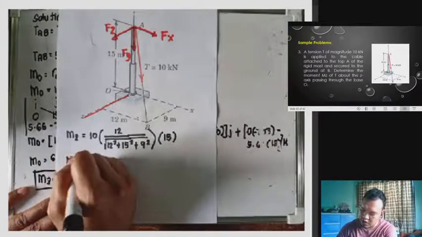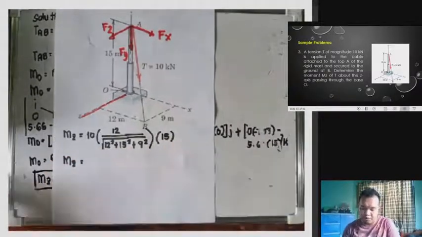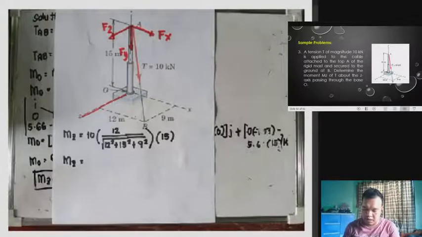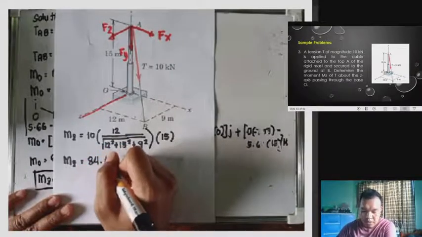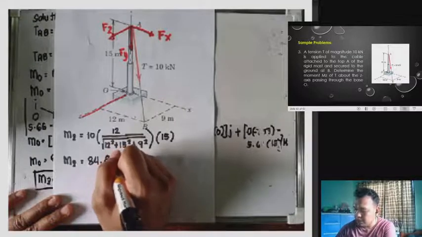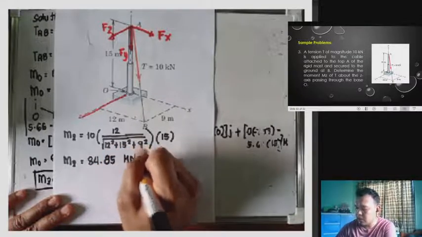Then, Mz is, makakompute na natin ito. Okay, so lagay lang natin sa calculator. 10 multiplied by 12 all over the square root ni 12 squared plus 15 squared plus 9 squared, multiplied by 15 na this perpendicular distance. So lalabas we have here 0.85 kilonewton meter.